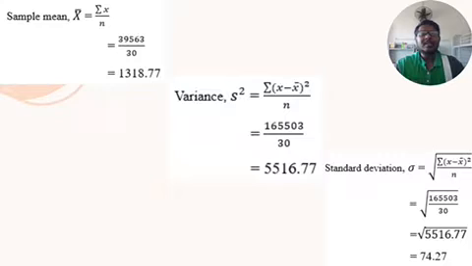Going on to the variance with the formula of summation of (x minus x bar) squared over n, where the total is 165,503 over the n value of 30, and you will get a variance of 5,516.77. And the final one will be the standard deviation. Standard deviation is the square root of variance, where you will get a value of 74.27.